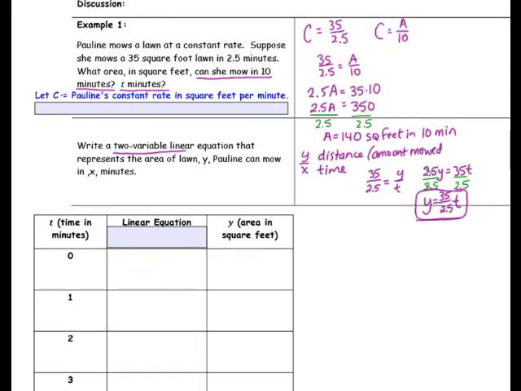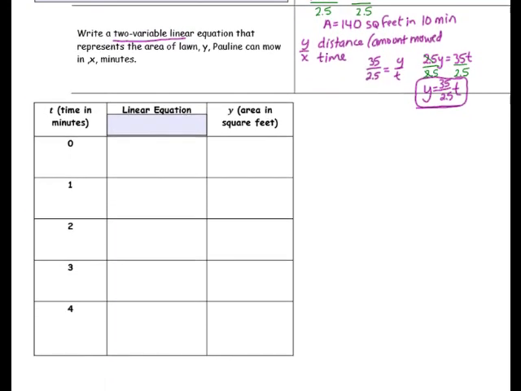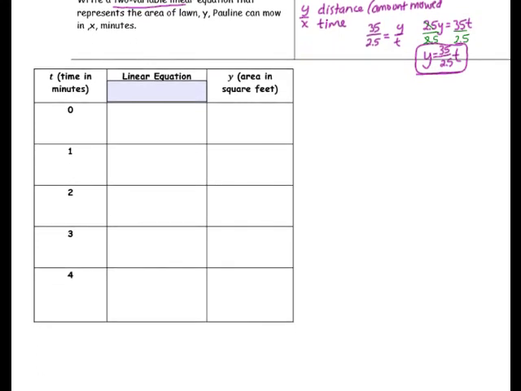Next, we'll fill in a table and organize data to find out how many square feet Pauline will mow in 0 minutes, in 1 minute, in 2 minutes, 3 minutes, and 4 minutes. Then we will use our linear equation each time to determine the area.